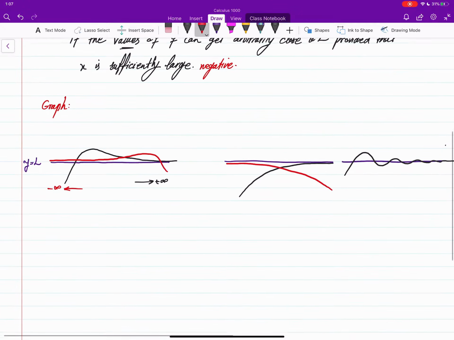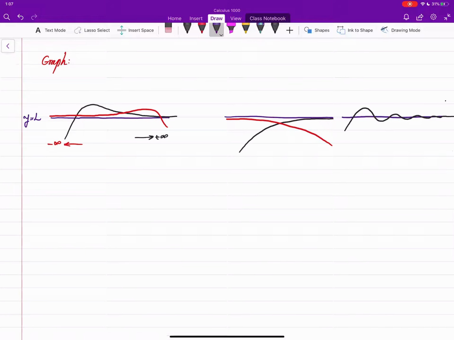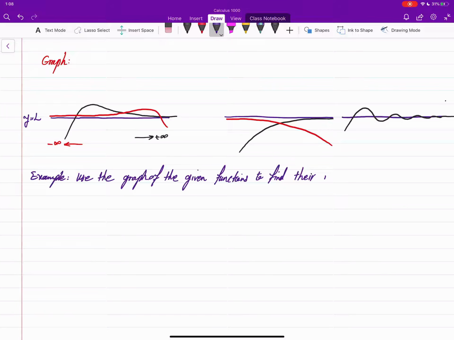Okay, so let's start with some examples and study the limits of some functions using their graphs. Use the graph of the given functions to find their limits at infinity.